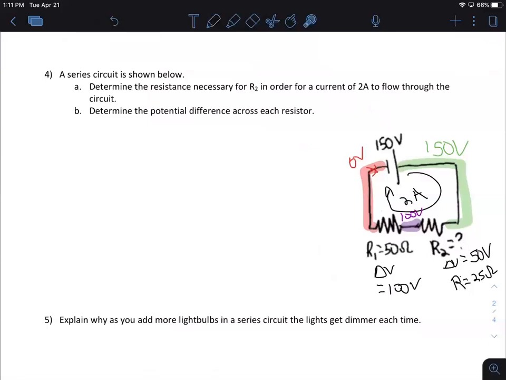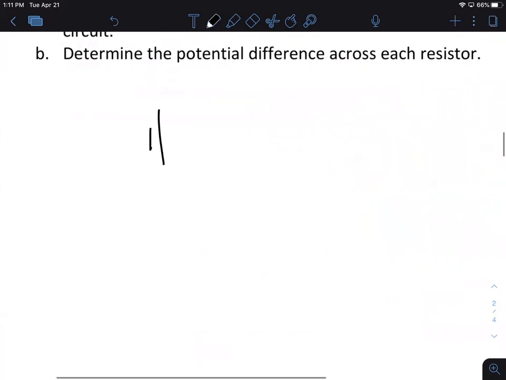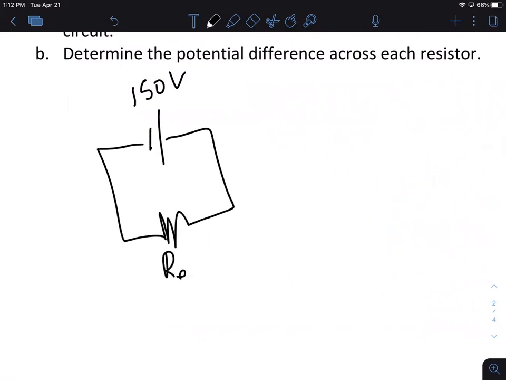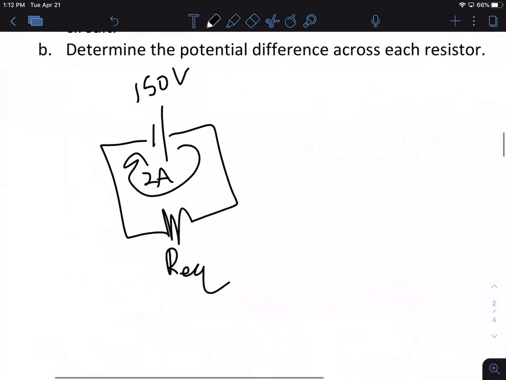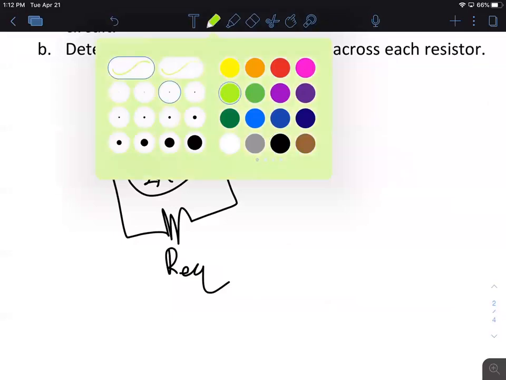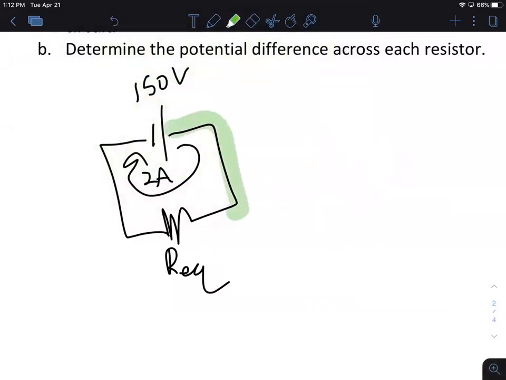Now we could cheat and do this another way. By doing it this way, we've actually answered B already. But we could have done the equivalent resistance method. We could have said this is 150 volts, this is our equivalent resistance, current of 2 amps. This resistor is taking it from 150 to 0, changing it by 150, exactly what the battery is doing.